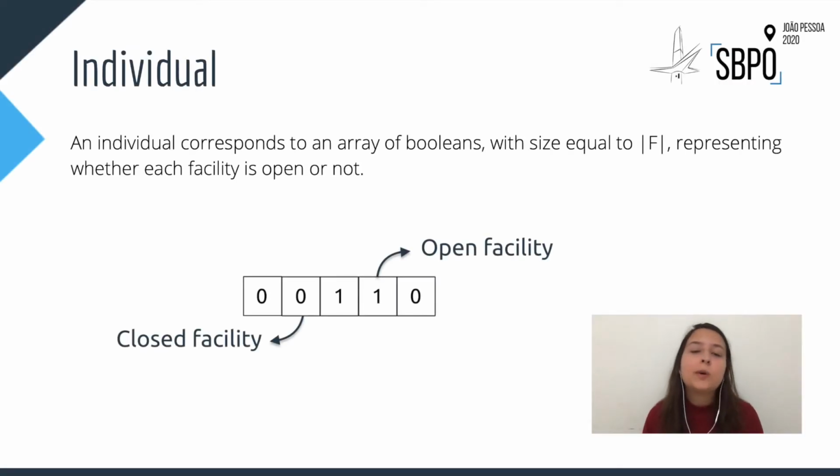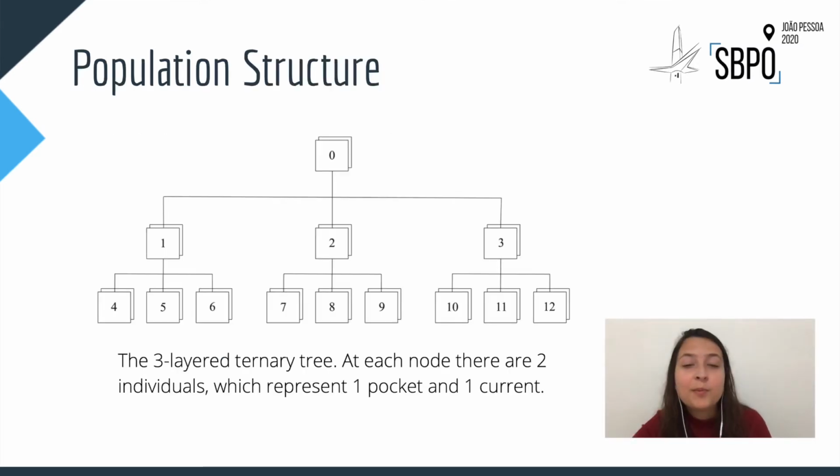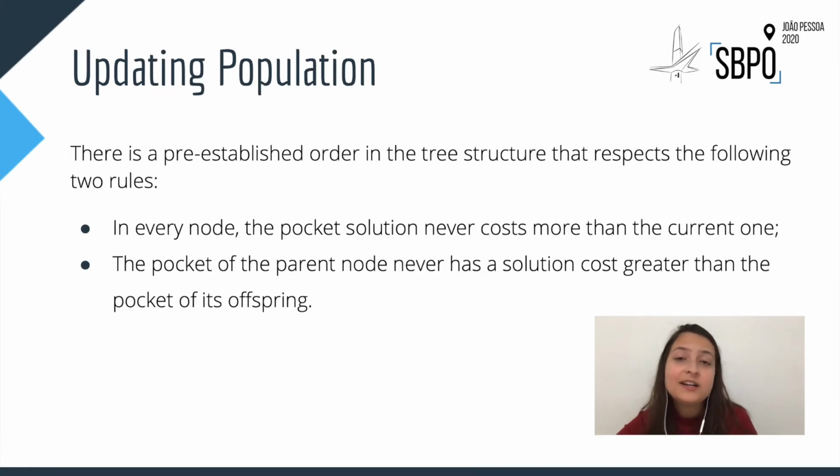An individual corresponds to an array of booleans with size equal to the number of facilities, representing whether the facility is open or not. Our population structure is a three-layer ternary tree. At each node we have two individuals, representing one pocket and one current. Also, we call node 0 the root of the tree. There is a pre-established order in the tree structure that we must always respect.